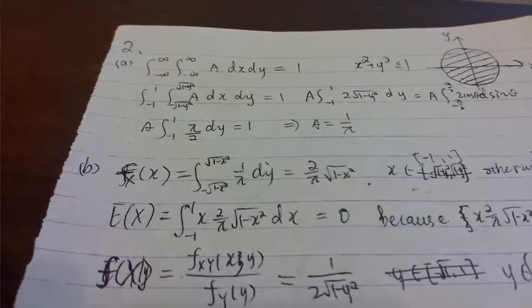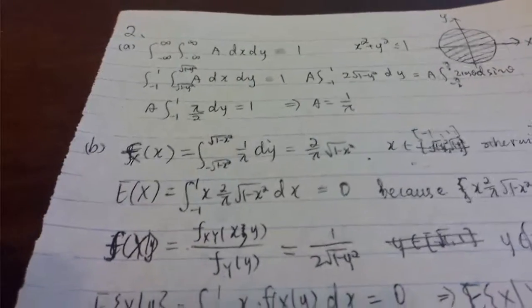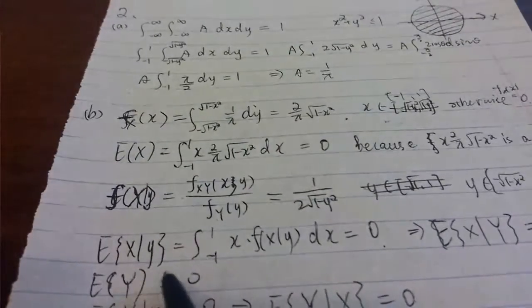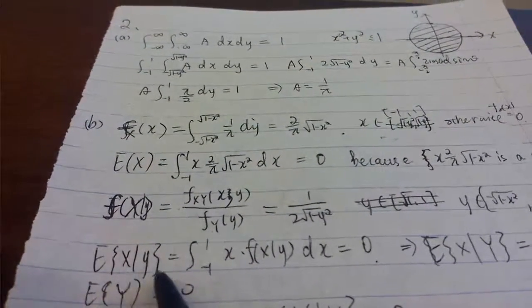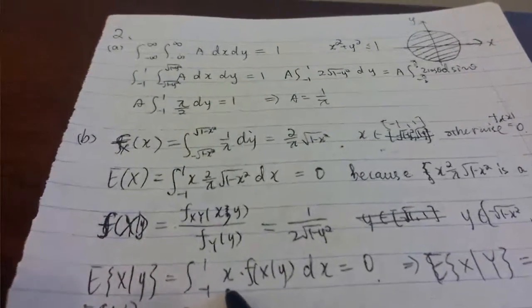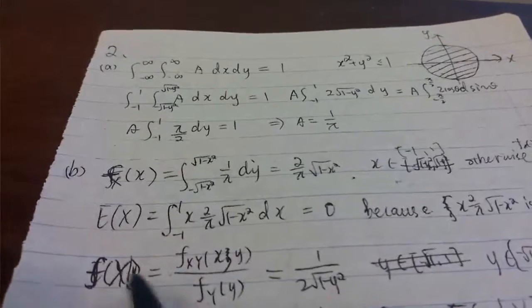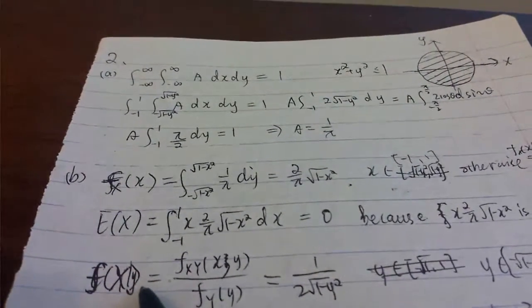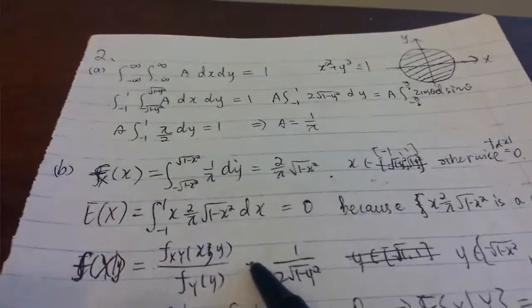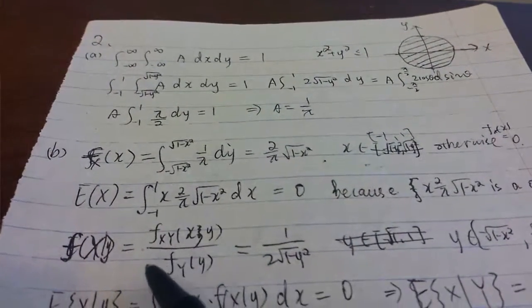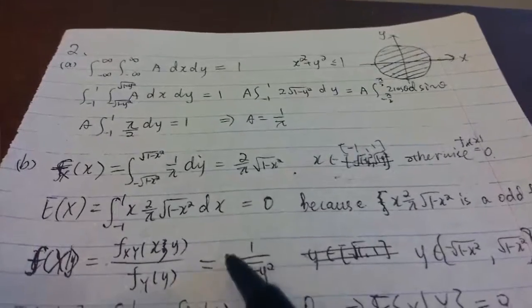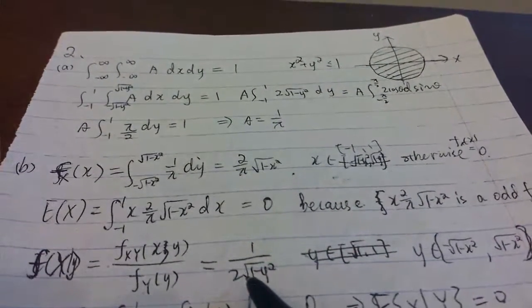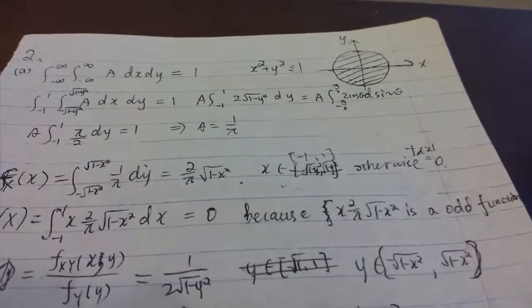And we need to find the expected value of x given y. X is a random variable, y is some constant. So we do the math. We find the PDF of x given some constant y, and we use the formula. We find this, then we get that it's equal to some constant, and y is in the domain, like this.